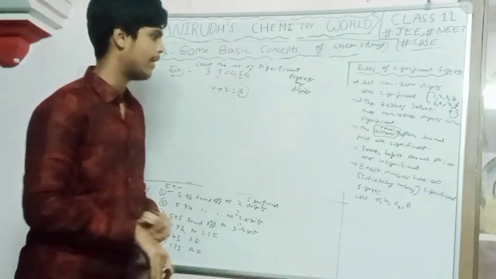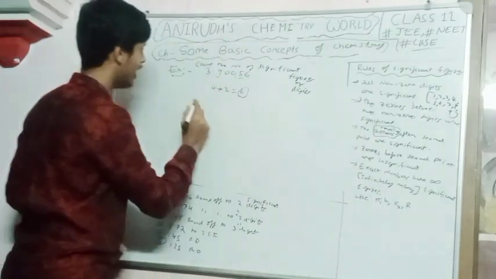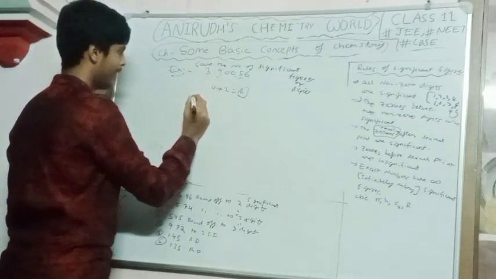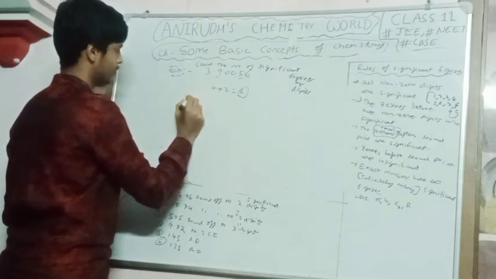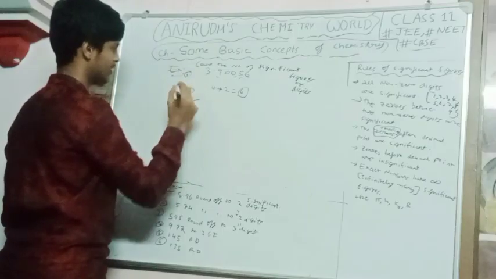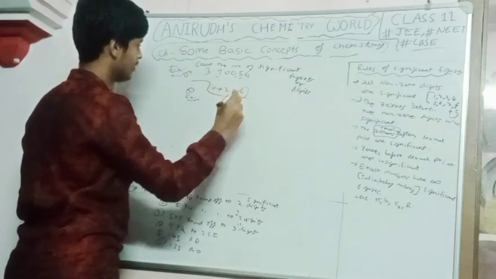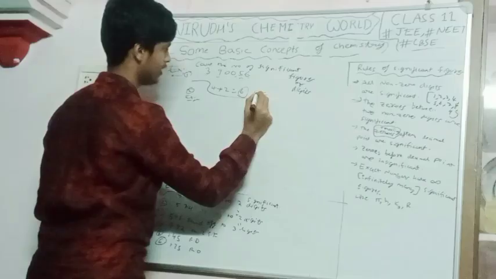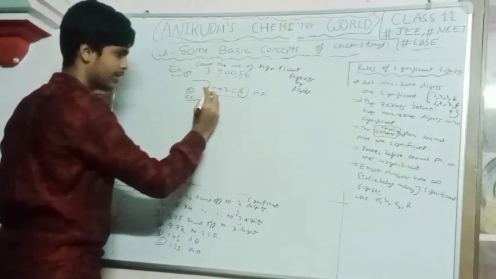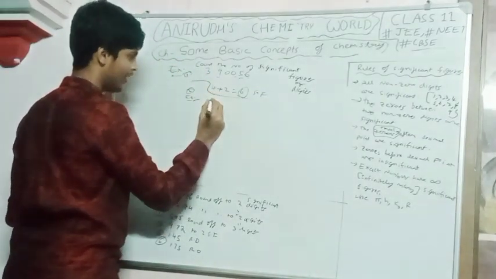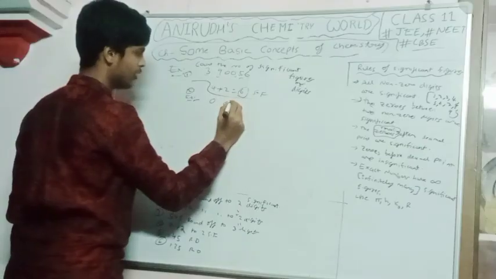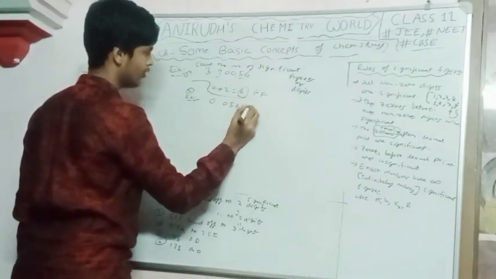And again, I'll also tell you this. This is the first example and this is the second one. 6 significant figures. SF we can write as a shortcut. So if I give this example, 0.05690105.